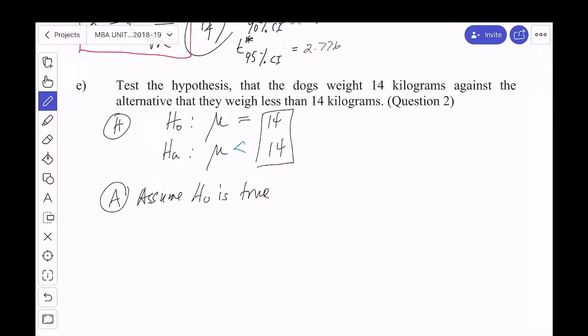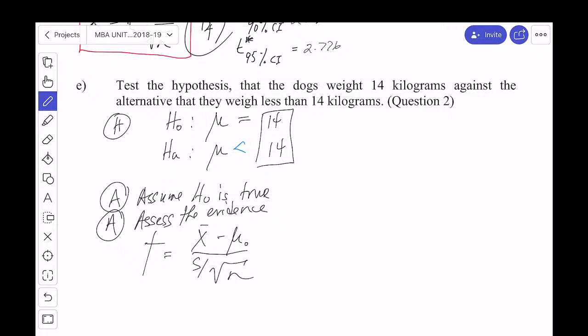And we have a small sample size, but that's going to be fine to make the leap to say that standardizing the sample results, I'm going to assume and assess the evidence at the same time. I'm going to do them together. So I know that this will make a t distribution.